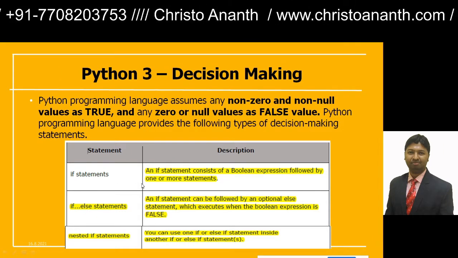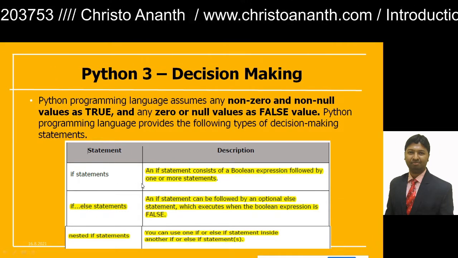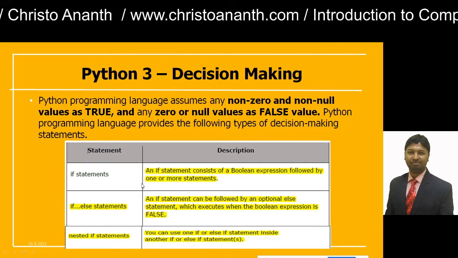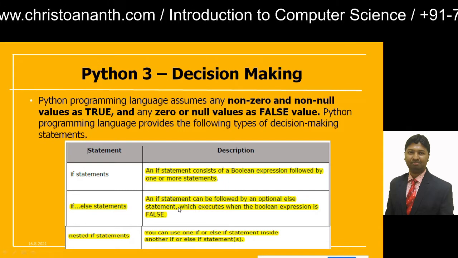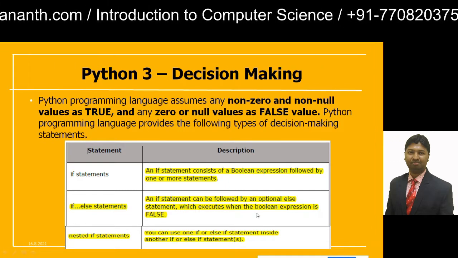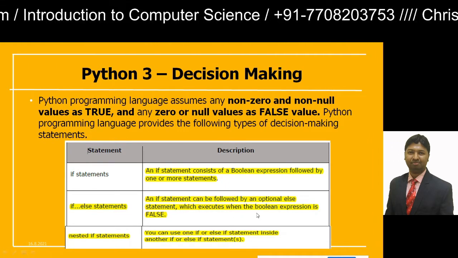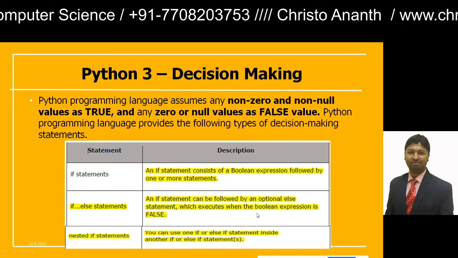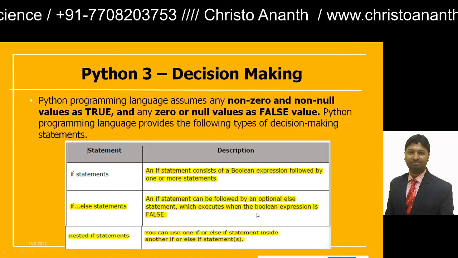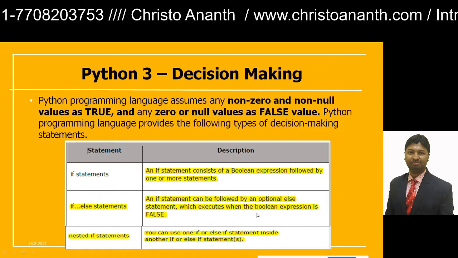So the if statement generally consists of a Boolean expression which is followed by one or more statements. And in an if else statement, there is an if statement followed by an optional else statement, which executes when the Boolean expression is false. So if the condition is true, then the statement executes, else it will terminate.